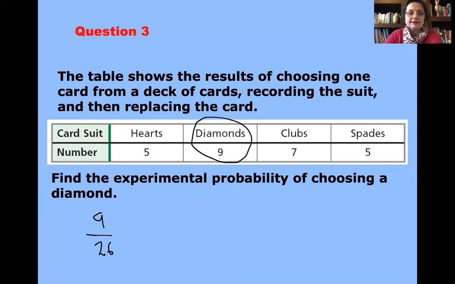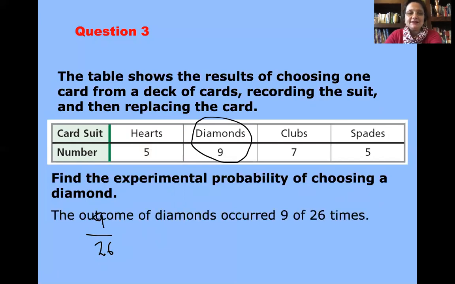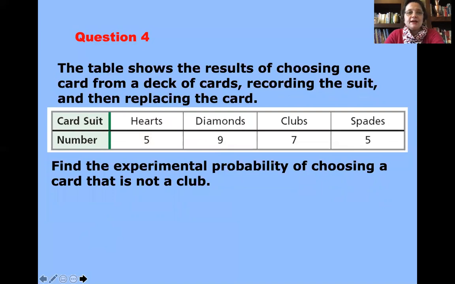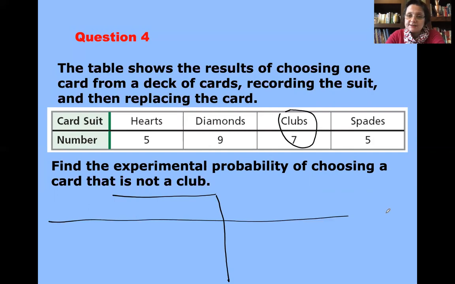Let's have a look at another example. Now, it's exactly the same question, but we need to find the experimental probability of choosing a card that is not a club. Now, how can you do this? We can do this in 2 different ways.